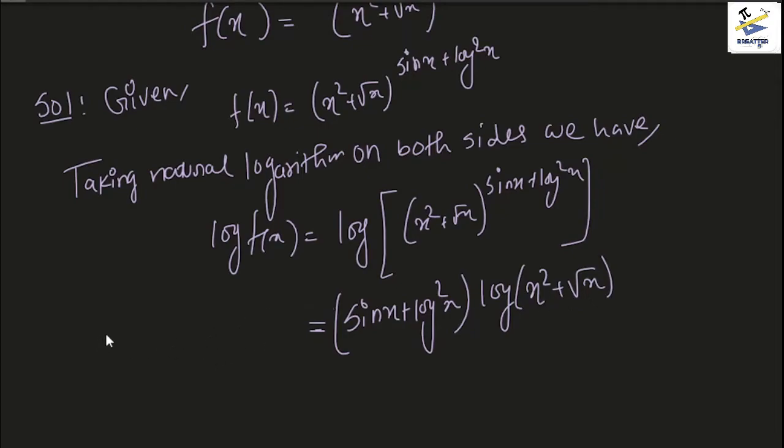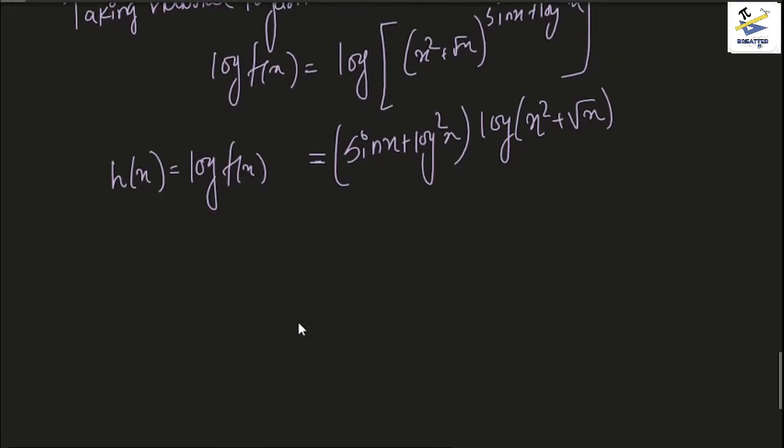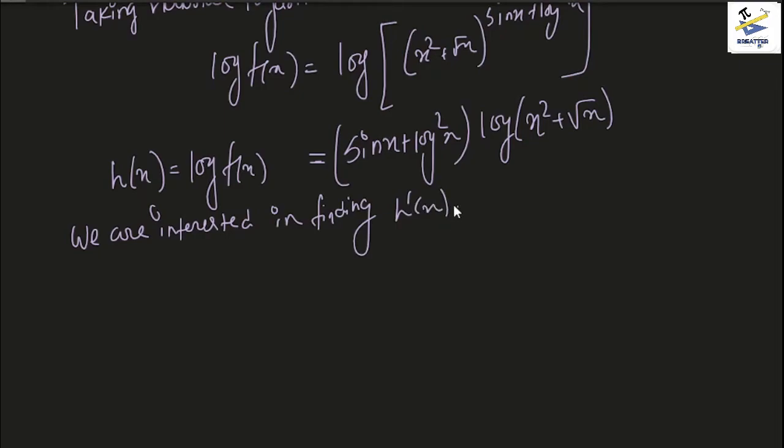So let us say this is something like h of x equals log of f x equals this. Okay, so we are rather interested right now in finding the derivative of h x. So we are interested in finding h prime of x.